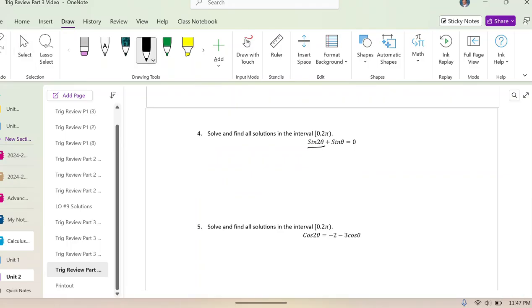Alright, so there is an identity. Sine 2 theta is the same as 2 sine theta cosine theta. So now notice that both terms have a sine in them. So we're going to take out the sine, and we're going to go 2 cosine theta plus 1. And then you set each one equal to 0.